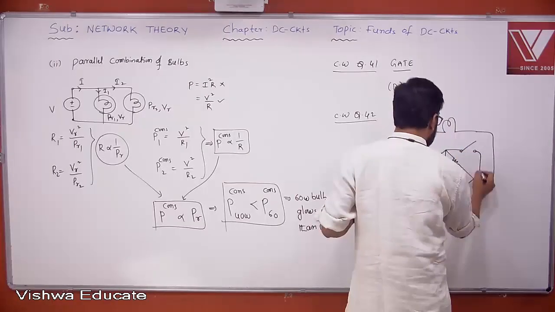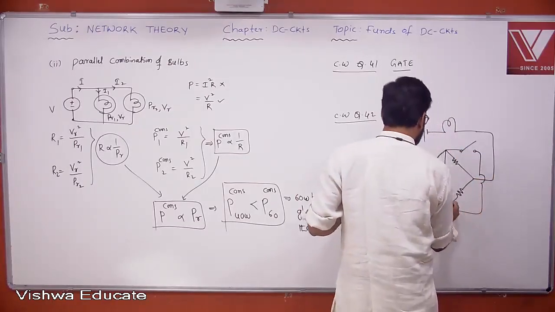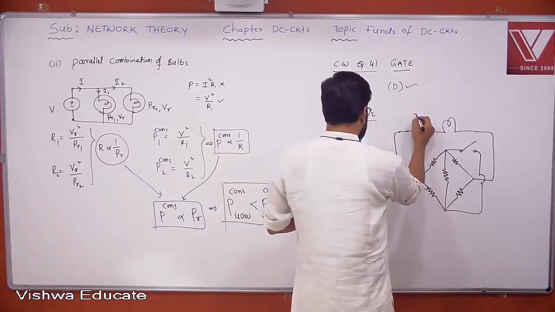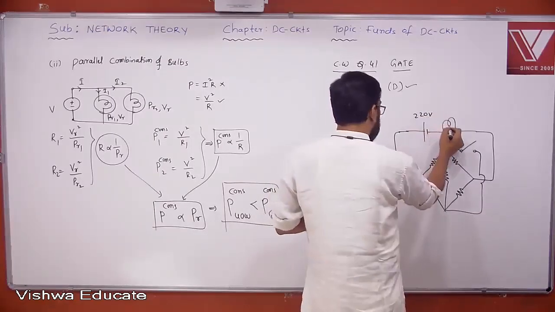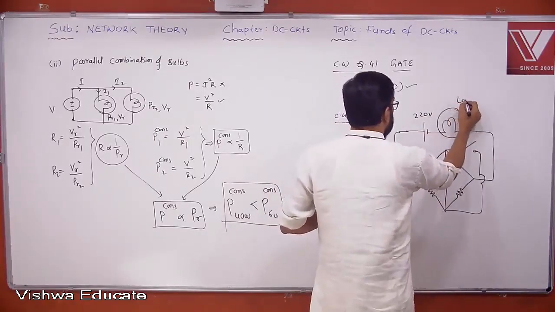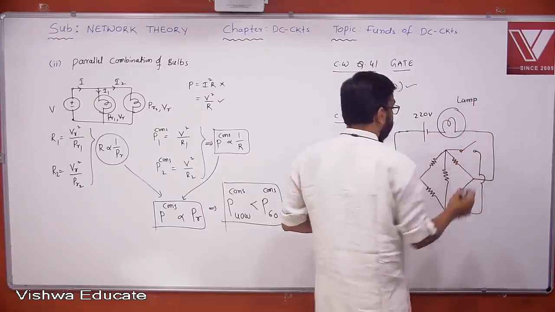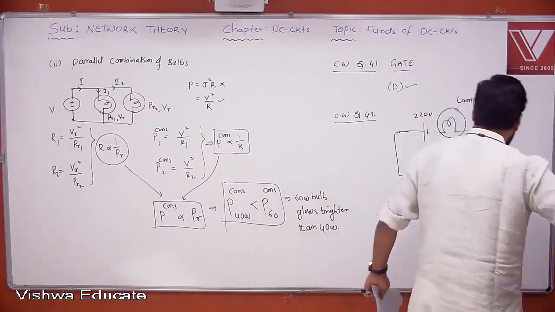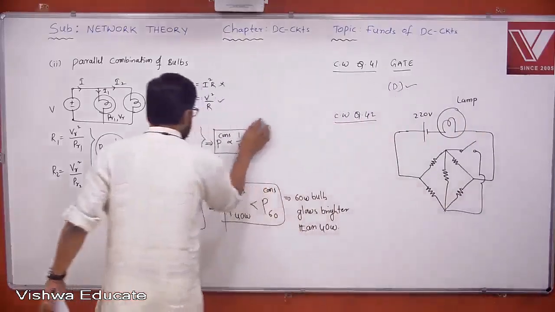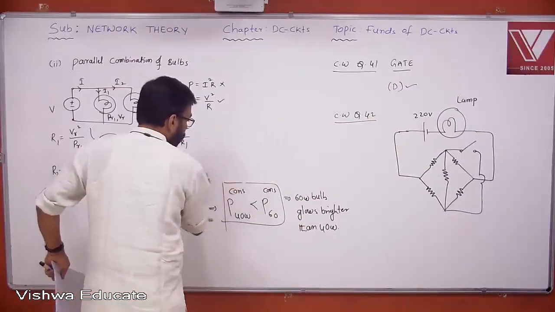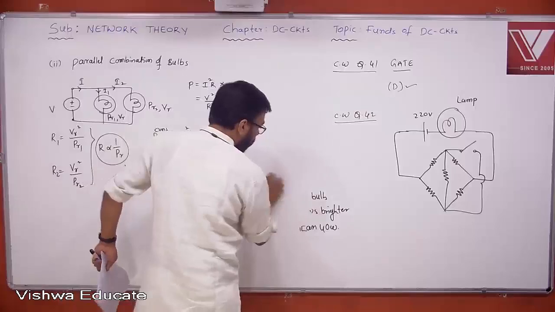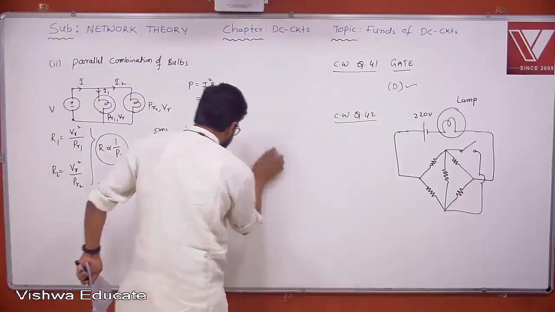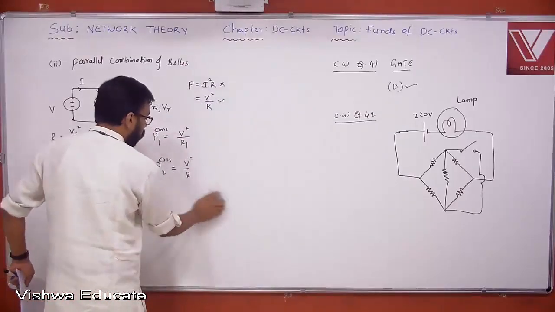This is the switch, 220 volts is the mains, and this is the lamp. Initially, the switch is open. Now, what happens to the lamp's intensity when the switch is closed?